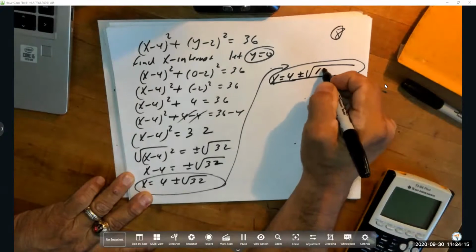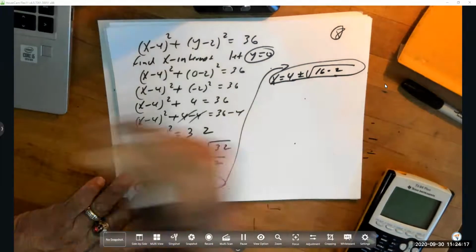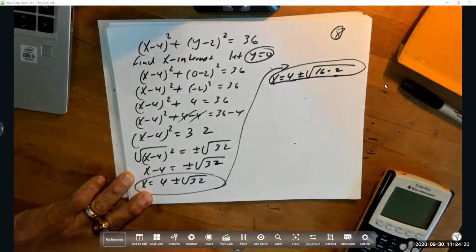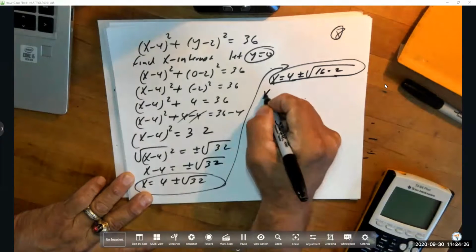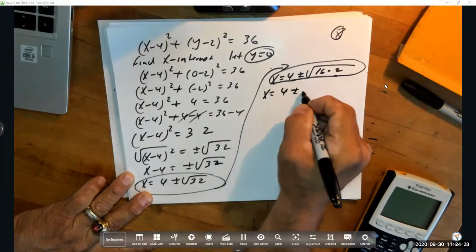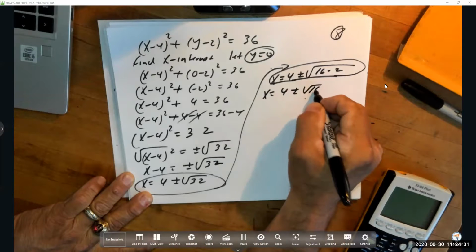Is 16 times 2 equal to 32, yes or no? Yes. Okay, so that means this is 4 plus or minus the square root of 16 times the square root of 2.